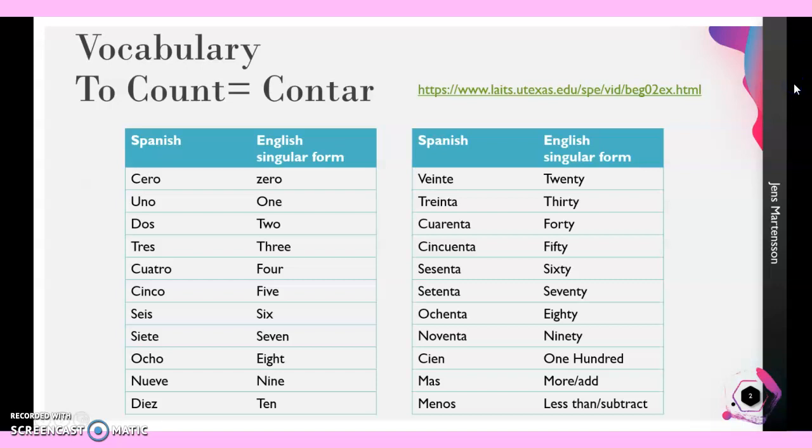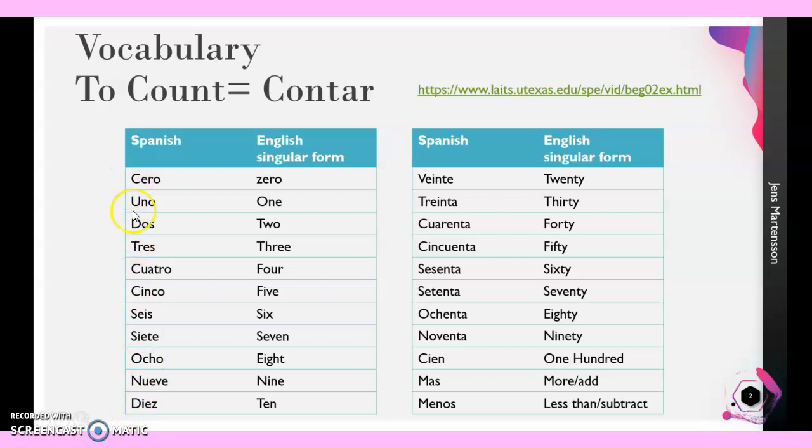All right, so before we actually begin, the numbers in Spanish start out at 0, and they go from 0 to 1, 2, 3, 4, 5, 6, 7, 8, 9, 10.